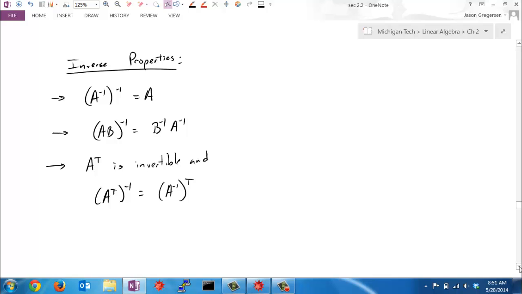And the last one says that if A transpose is invertible, then its inverse is the inverse of A, transposed. Those are the properties.